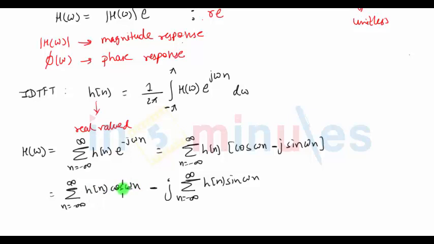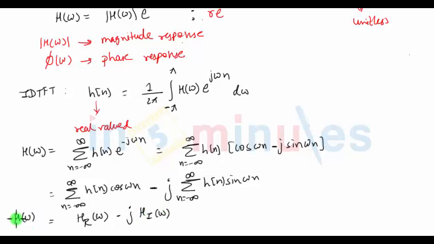Cos omega n is a real function already. There is no j term in the first part. I'm going to call it H r of omega, where r stands for real part. Minus, I'll keep j aside. So if I keep j aside, then the remaining term also becomes real because h of n is real, sine is a real function, and because it's multiplied with j, it becomes the imaginary part of the function. So I'll call it H i of omega.